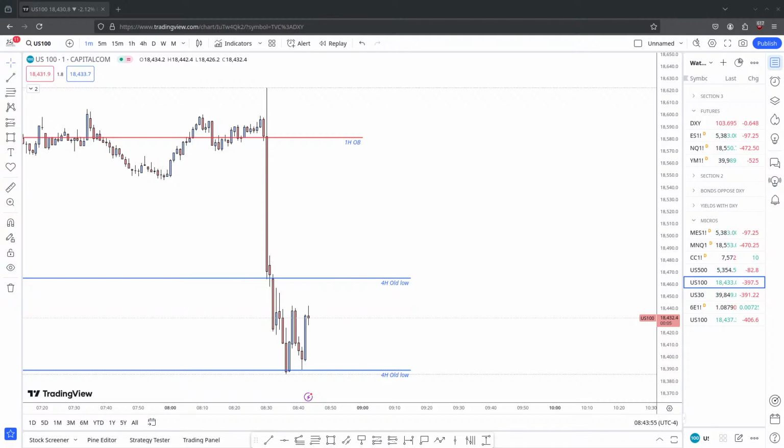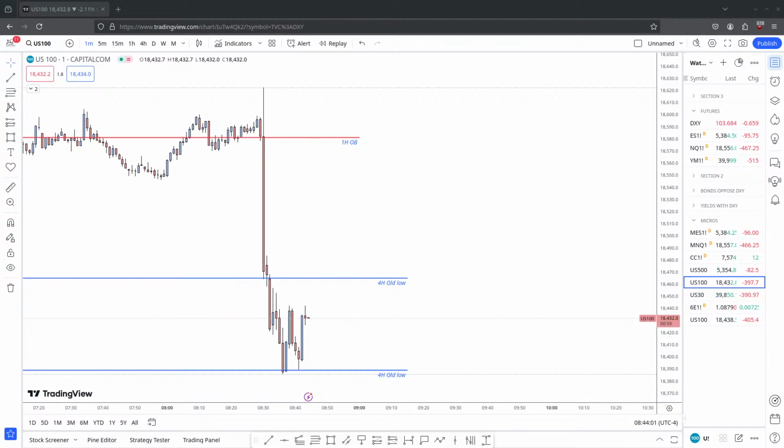And then you could also look at the 10:50 to 11:10 macro. It's not doing much over here now. Nothing yet.